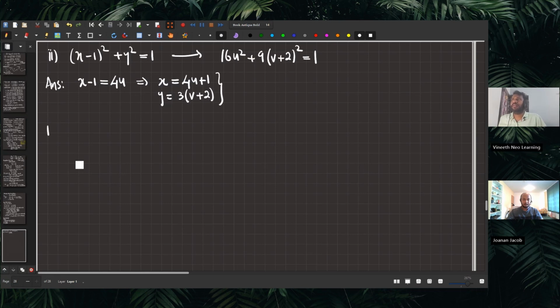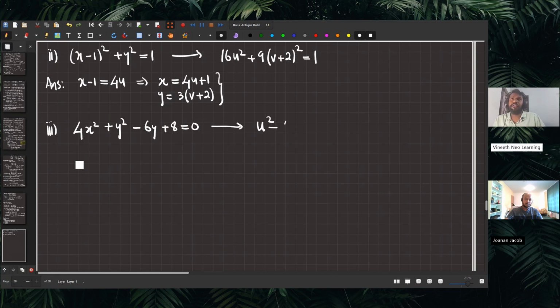Okay, let's do another problem. I think this is also an easy problem. Anyway, I'll write it. The equation for the first ellipse is 4x squared plus y squared minus 6y plus 8 equals 0, and for the second, u squared minus 4u plus v squared minus 2v plus 4 equals 0.